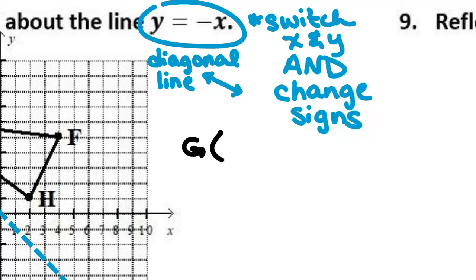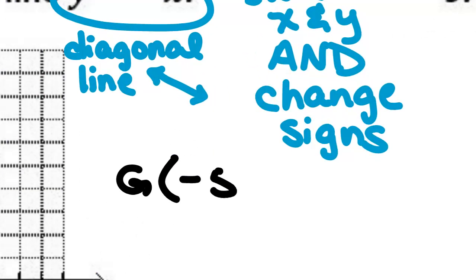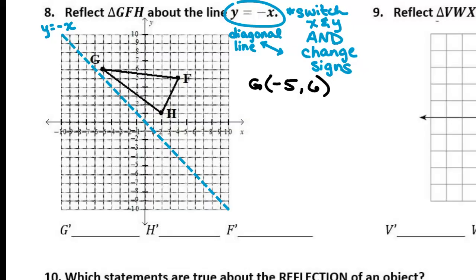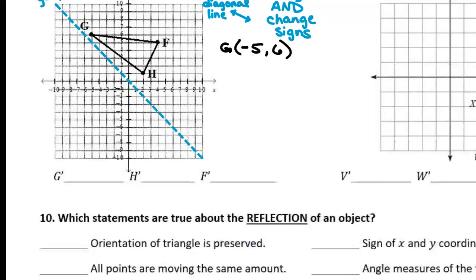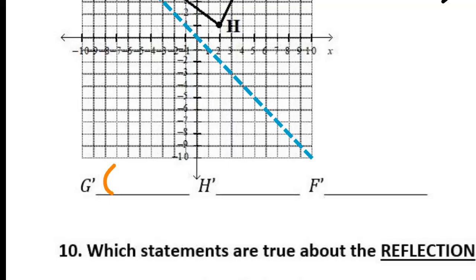Where is that at right now? What is that ordered pair? 5, 6. Negative 5, 6, yes. Negative 5, 6. We need to take that, we need to switch the x and y, and we need to flip the signs. So where would G prime be then?